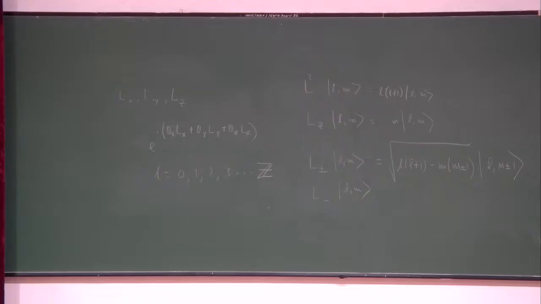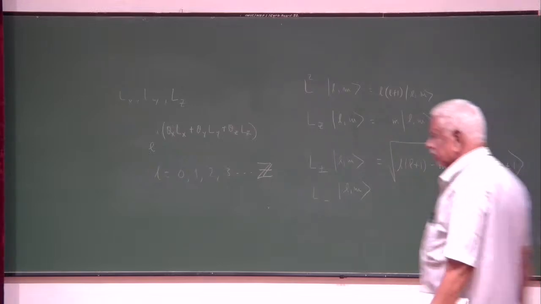L should be less than n. But n can go up to infinity. It can go over 1, 2, 3 up to large numbers, which means L can also go up to large numbers. Higher and higher orbits will have higher and higher angular momentum. This is what you have here.